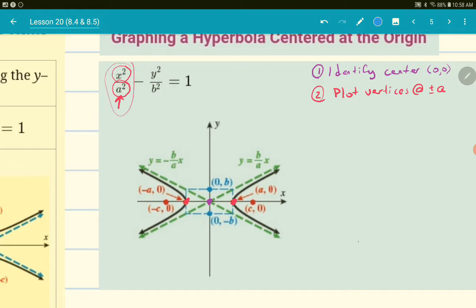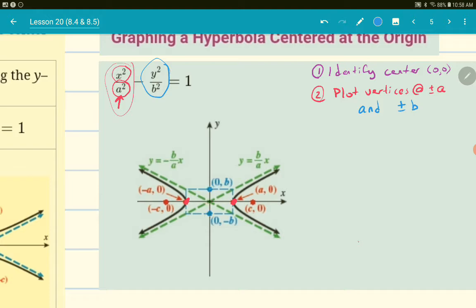So to get the height of the box, I'm going to plot the other vertices, like for example in an ellipse, or if it was a vertical hyperbola. So I'm going to say plot vertices. So we're going to do plus or minus a, but we'll also do plus or minus b. And notice the b is in the y direction because it's under the y on this one.